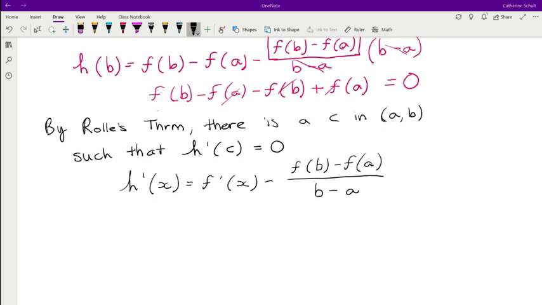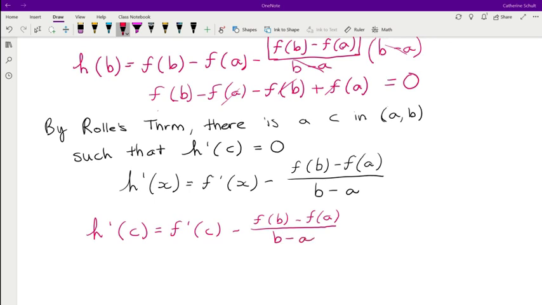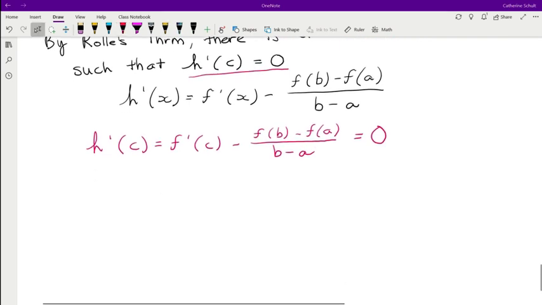All right. And we just saw using Rolle's theorem that at this point C, this whole thing is going to be equal to 0. We're almost done. We're on our final step. And so now here's the conclusion of the mean value theorem.